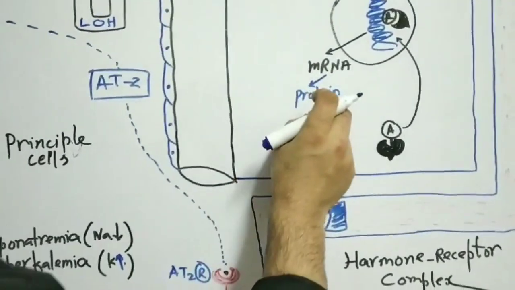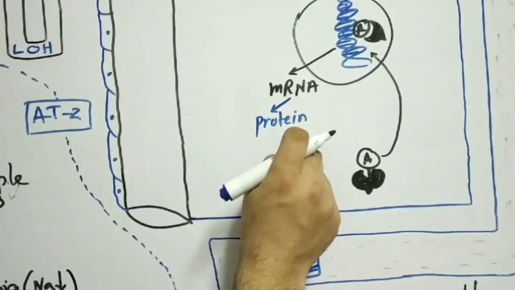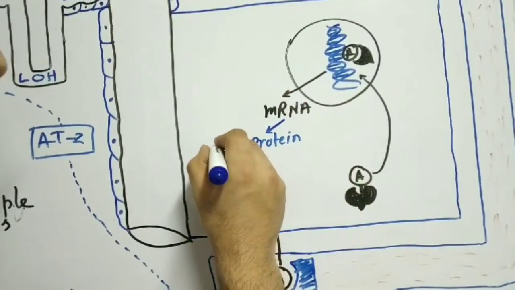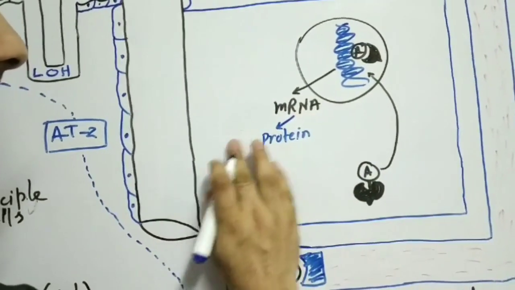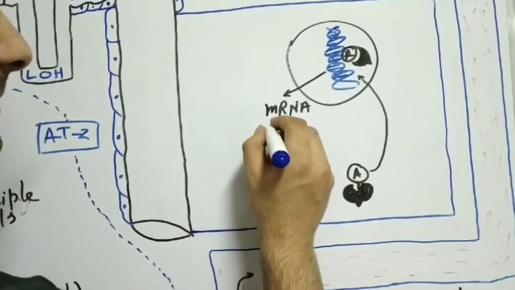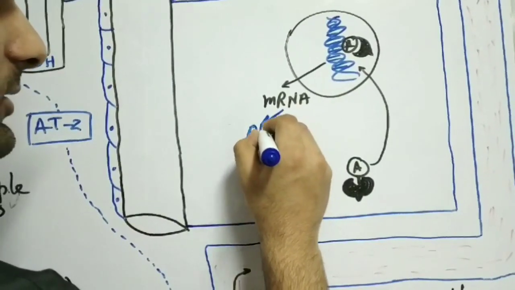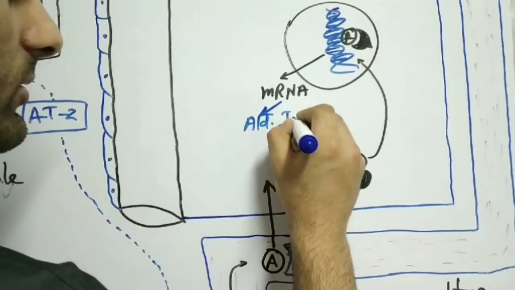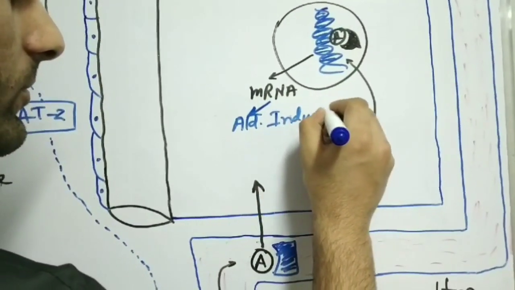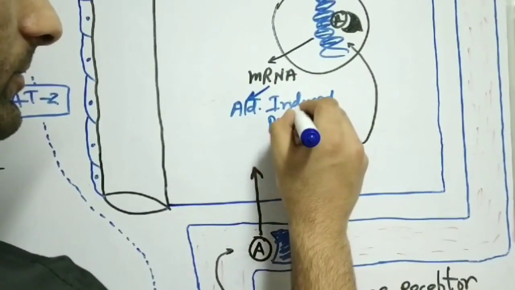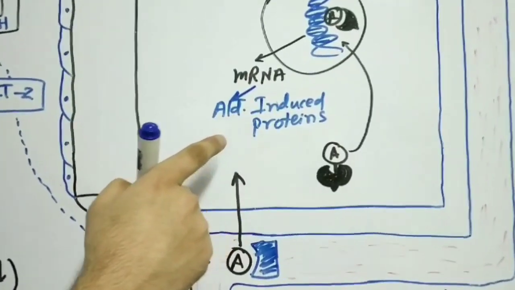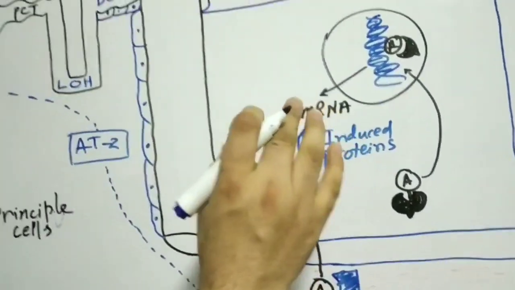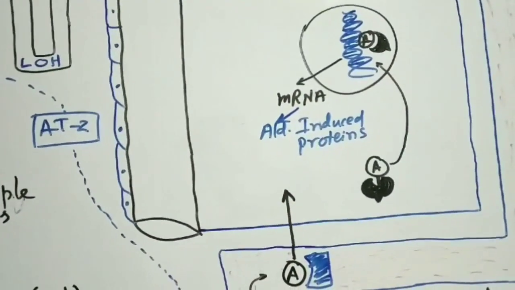They are known as aldosterone induced proteins. It's not only one protein which is formed. There are different kinds of proteins which are formed here.